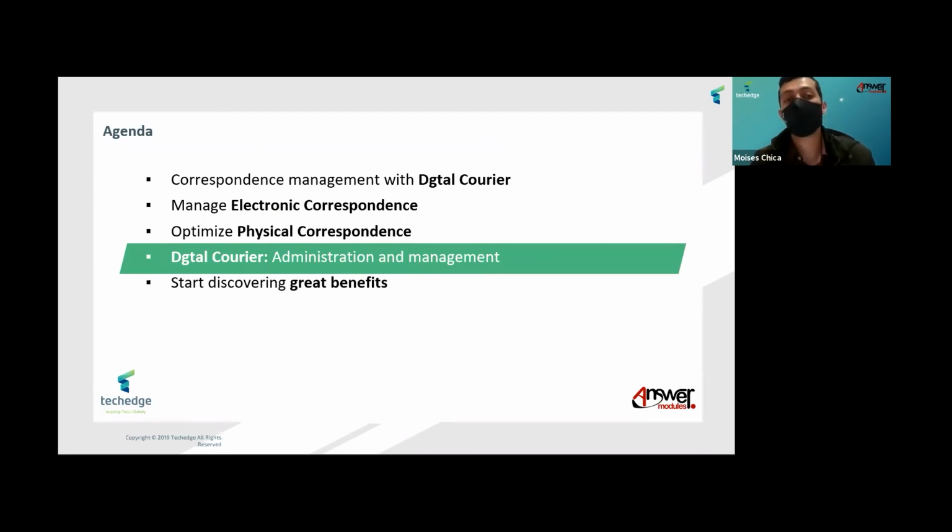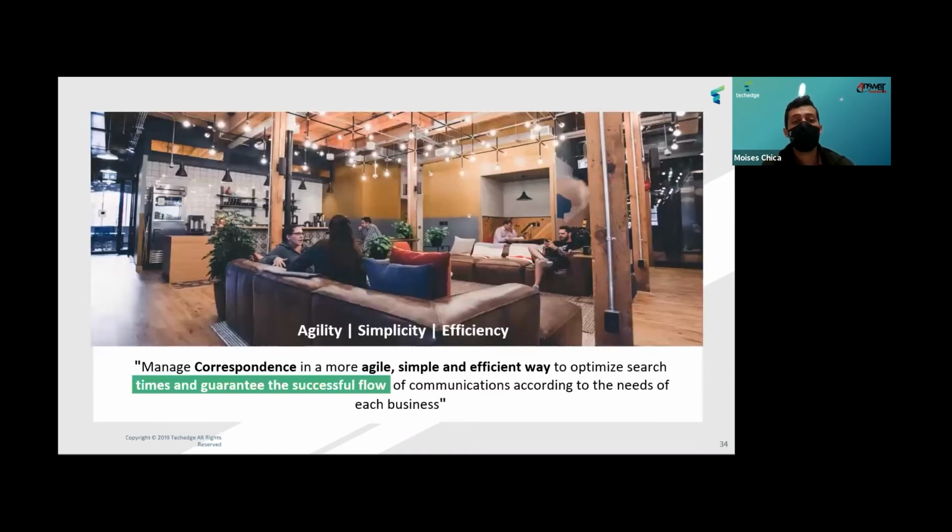And finally, the administrators of the correspondence, the business owners, in this case of the correspondence process, we are also thinking of them in the solution. We know that what they look for is agility, a system that's simple for users and efficient as well. So we're hoping for them to manage their correspondence in an agile, simple, and efficient way, to optimize search times, guarantee a successful flow.